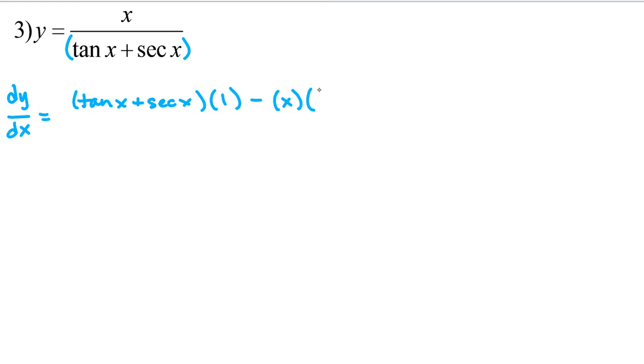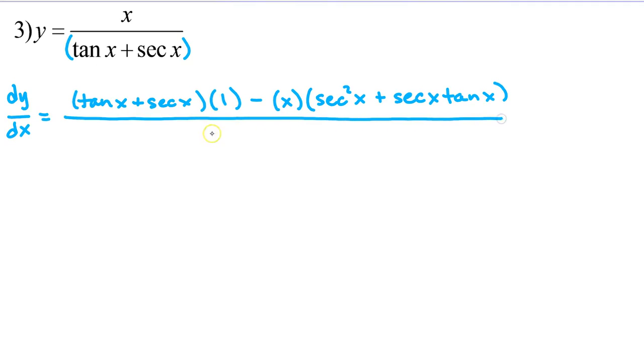So first the derivative of tangent x and then the derivative of secant x. The derivative of tangent x is secant squared x, and the derivative of secant x is secant x tan x. And that's all over the denominator squared. So that's all over tangent x plus secant x, quantity squared. And please note that that's not the same thing as tangent squared x plus secant squared x. Remember, if you're squaring a sum, you have to FOIL.